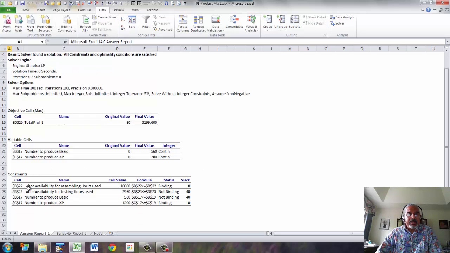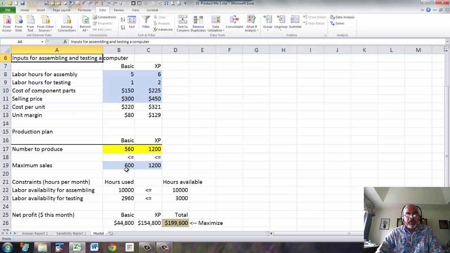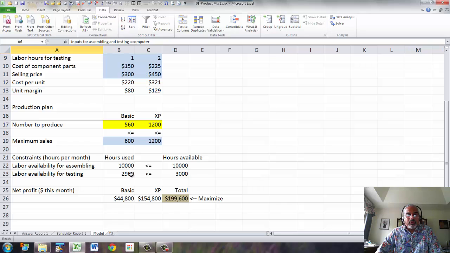Now, for each of the constraints, we're also given what are called binding and non-binding status. Some of the constraints are binding if the left-hand side and the right-hand side are equal. So, for example, let's go back to the model tab. Here, if you look at the hours used, assembly time, all of the 10,000 hours available are being used.